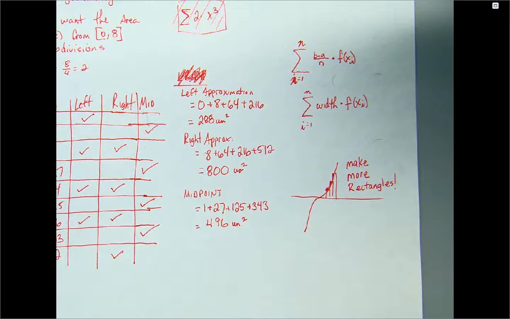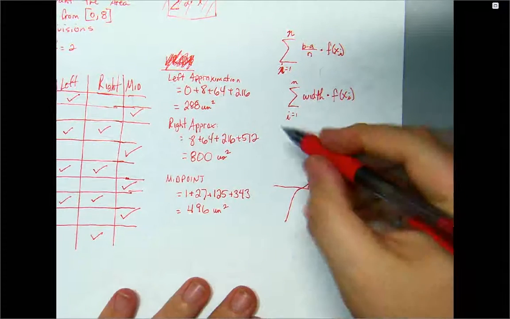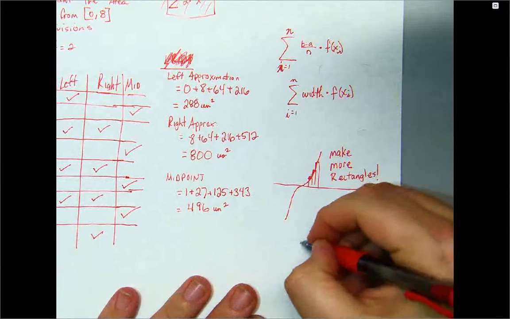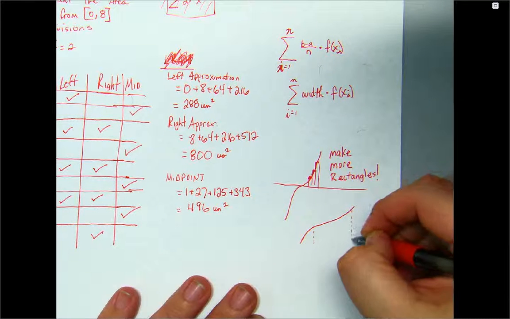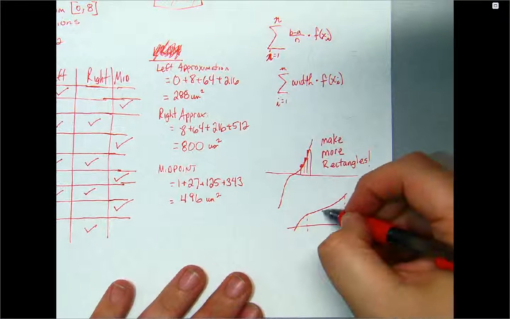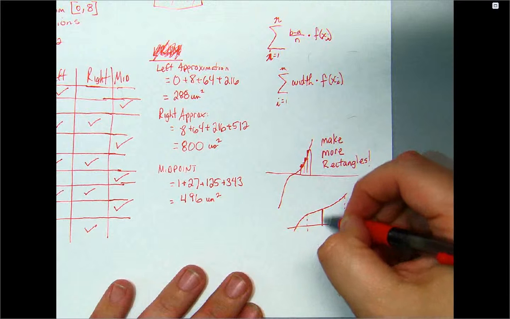Eventually, when we're looking for the area under a curve, like from here to here, we want to look at a straight line, just a line right there, where if I blow this up, it's a rectangle.